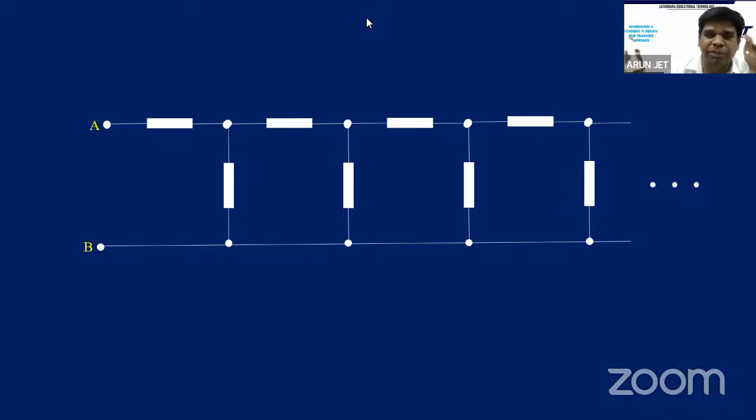Even if you go for millions and millions of crore elements, you'll still have an element. So don't think you can do series-parallel and come back to the first element.